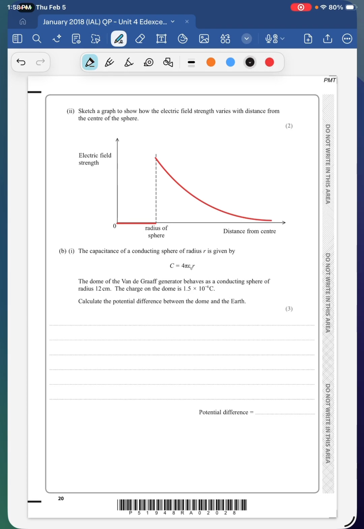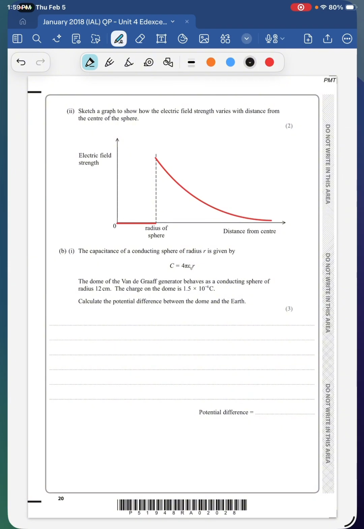The capacitance of a conducting sphere, that's part B, question 1. The capacitance of a conducting sphere of radius r is given by C equals 4 pi epsilon naught r. The dome of the Van de Graaff generator behaves as a conducting sphere of radius 12 centimeters. The charge on the dome is 1.5 times 10 to the negative 6 coulombs.